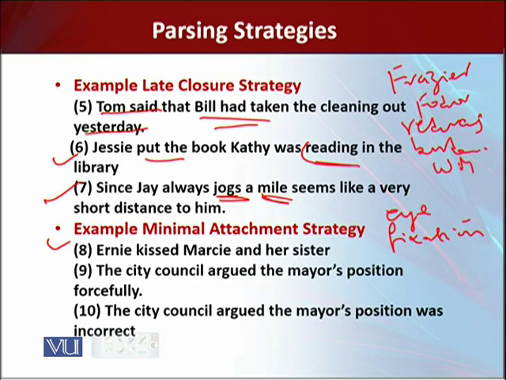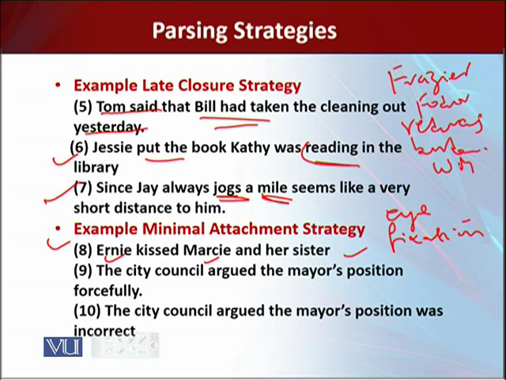So considering this, it could be interpreted as either a noun phrase, that is both Marcy and her sister were recipients of a kiss, or as the beginning of a new phrase. According to minimal attachment, we prefer the former interpretation, which is the noun phrase.